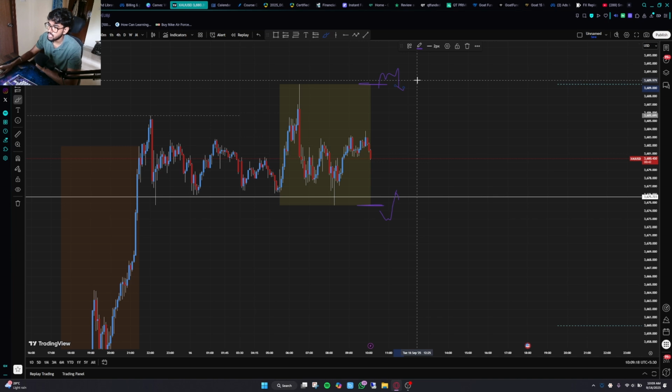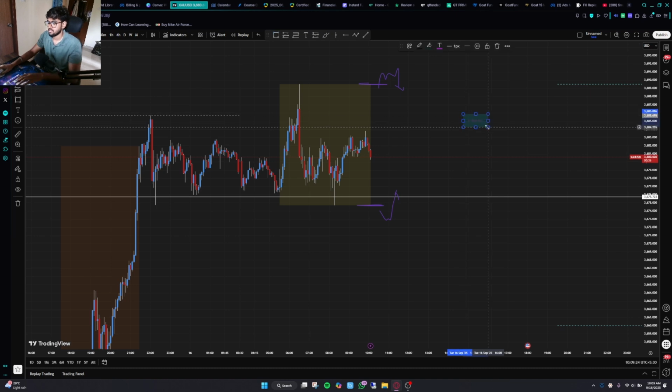So I'll go for a 1:2, very simple trades. And apart from that, I don't think there's any other setups available today. So you guys should stay very, very careful, especially there's a red folder news today. So my outlook on the red folder news is slightly bearish.